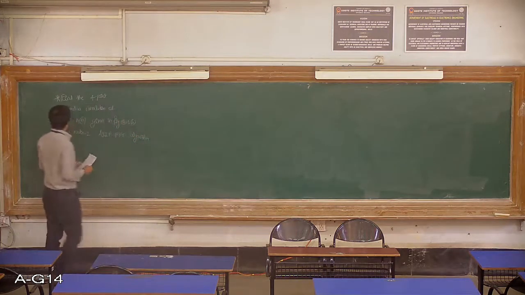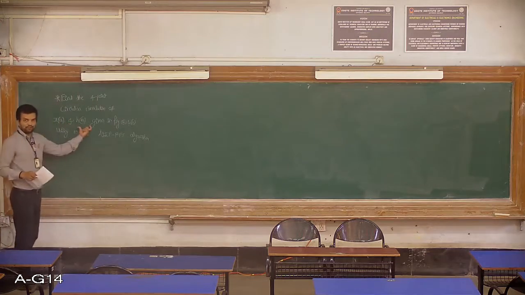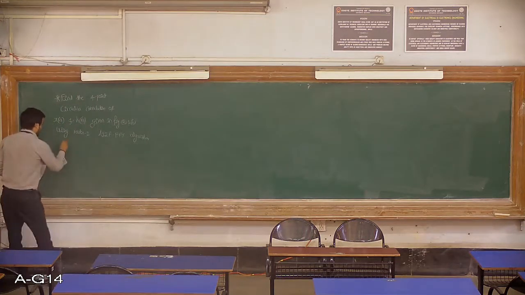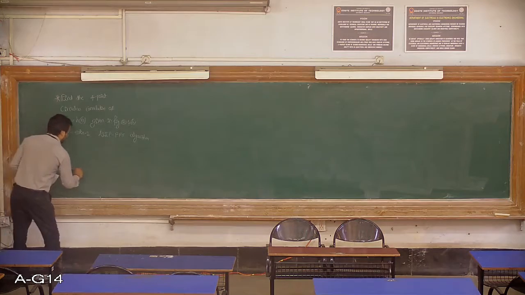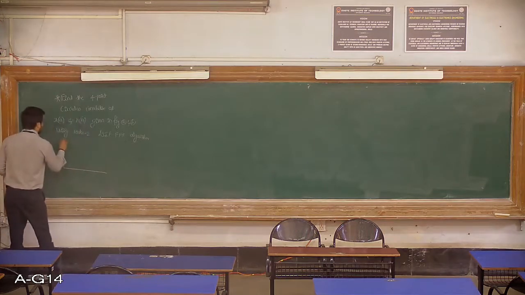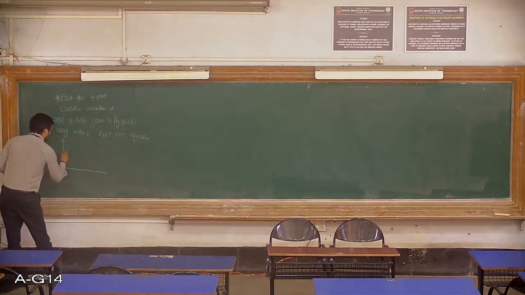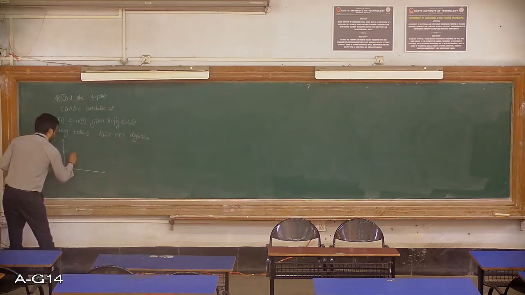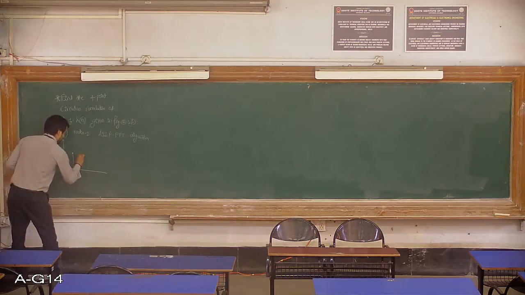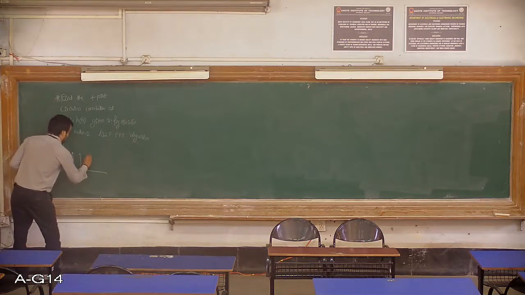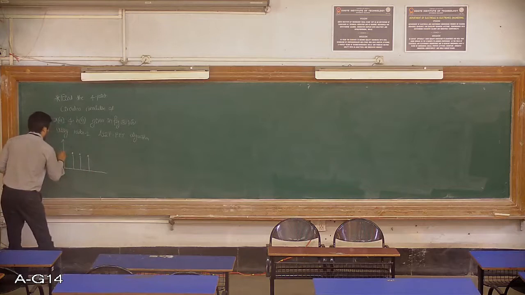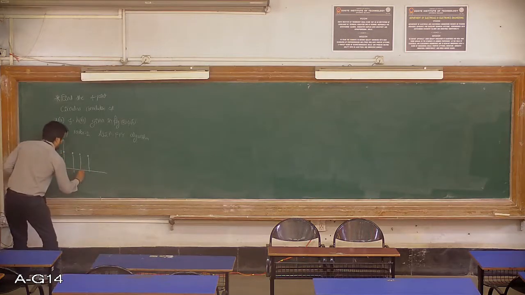Here x of n and h of n is given. So x of n is a discrete signal, having only the 4 values with magnitude of 1. 0, 1, 2, 3.